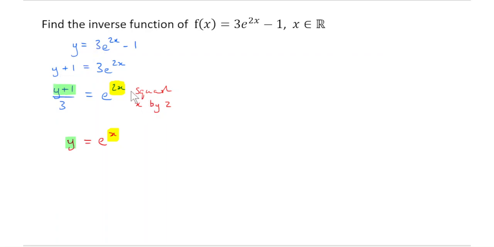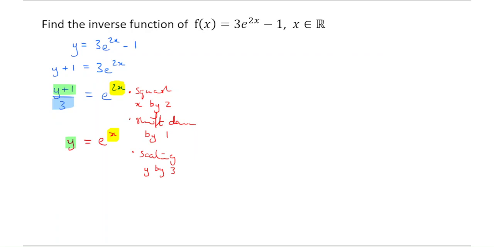Well, that is a shift down by 1, because that is a shift in the y direction, but by minus 1, you're going down. Lastly, we've replaced y with y divided by 3 in effect. That represents a scaling or a stretching in the y direction by 3.